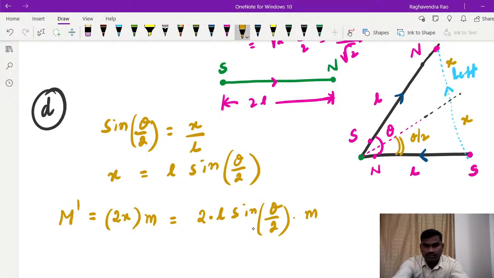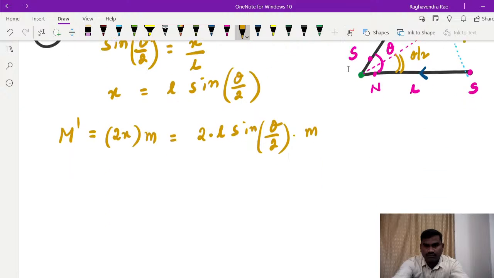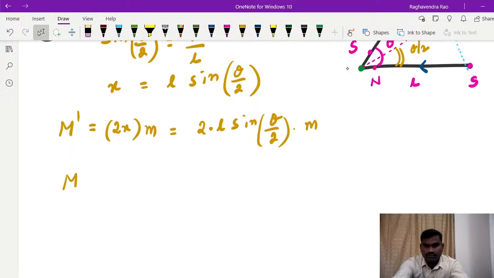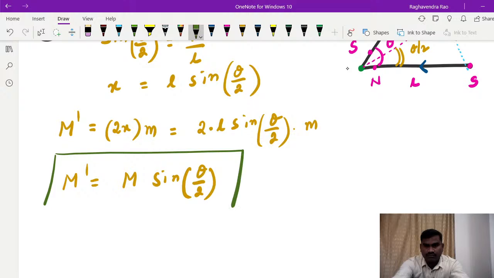Now 2L into M is the magnetic moment of the original magnet. So M dash is equal to M sine theta by 2. This is the expression for magnetic moment when it is bent at the midpoint.